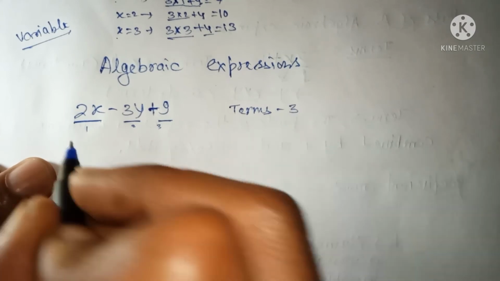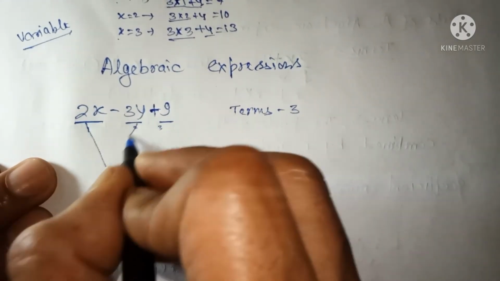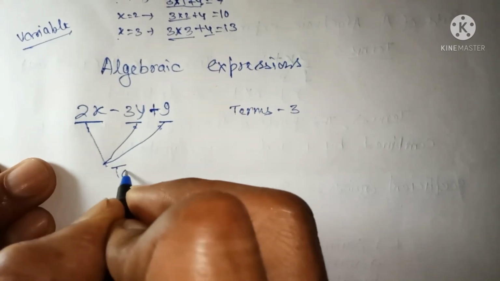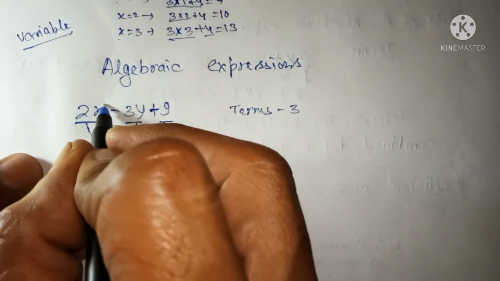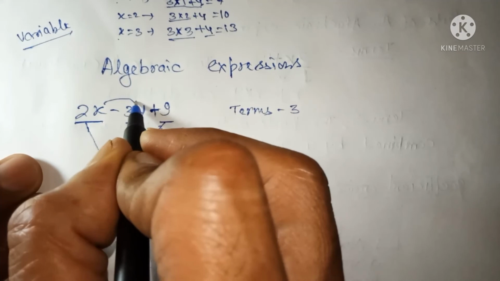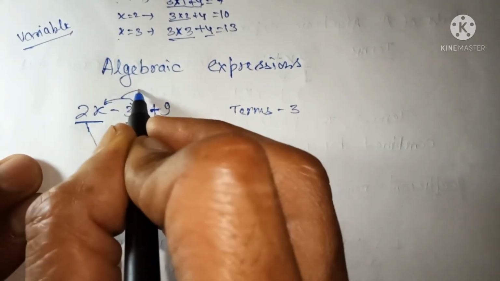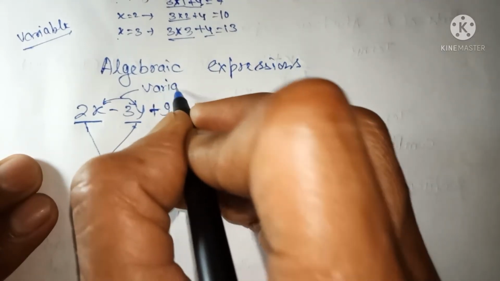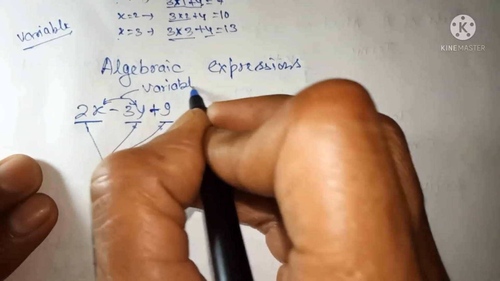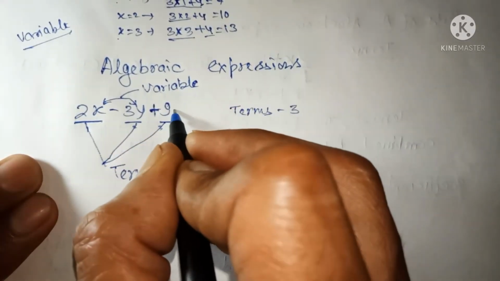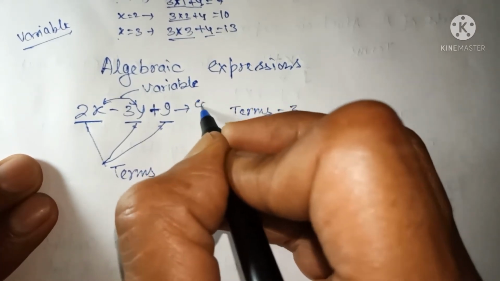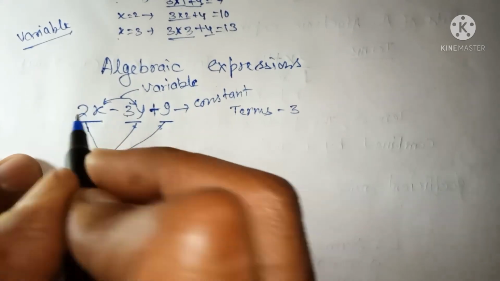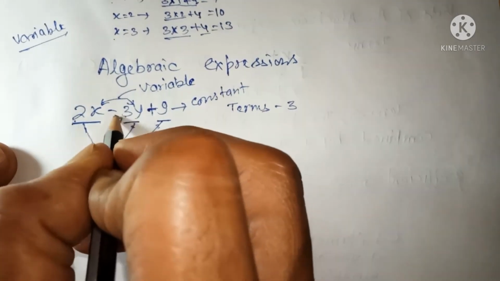Variables: there are 2 variables, x and y. This 9 will be called the constant, and 2 and 3 are coefficients.